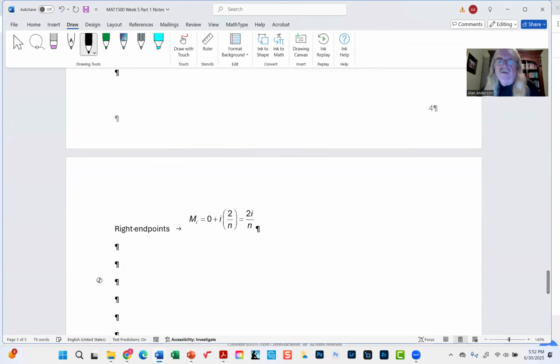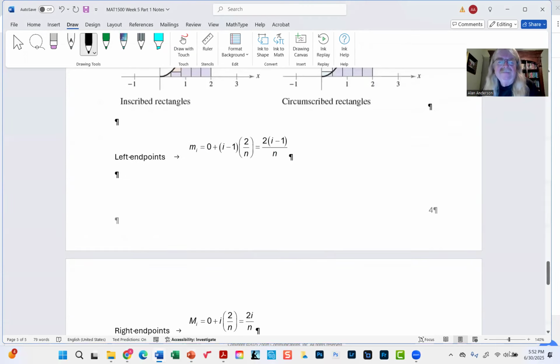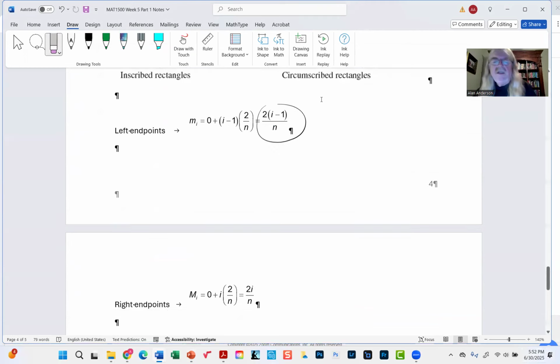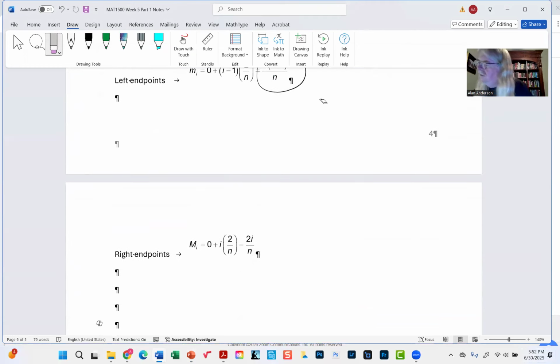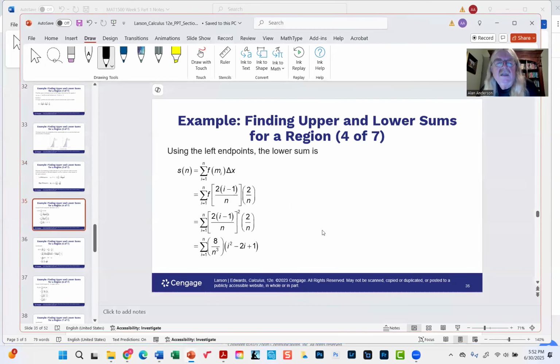All right, now. Anyway, what they're going to do is actually derive a formula for solving for the lower sum.